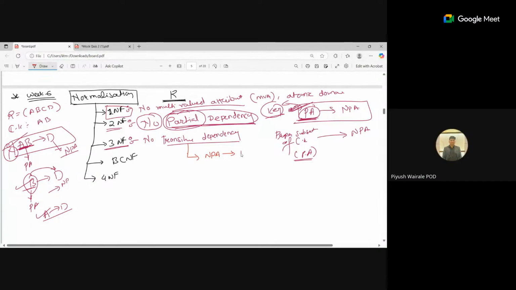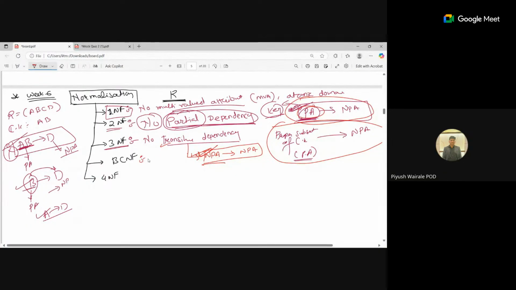If a non-prime attribute determines another non-prime attribute, this is not allowed in 3NF. This is transitive dependency, right? So first we need to find the candidate key, find the prime attributes, find the non-prime attributes, and check whether we are getting this functional dependency or not. If it is present, it means it is a transitive dependency. Relation R is not in 3NF. So for transitive dependency, we need to check for this. For partial, we need to check for this or this. Only the thing is, this should not be a key.